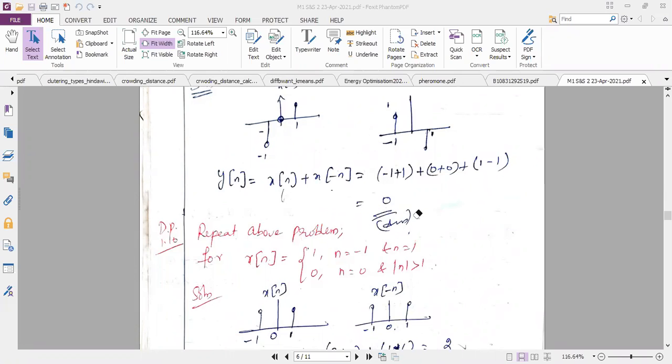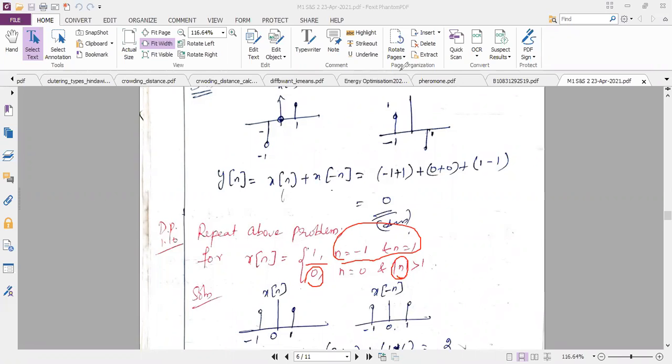You can continue the question. So how is it different? X of n is equal to 1 at n is equal to minus 1 and plus 1. And x of n is equal to 0 at n is equal to 0, and for the remaining magnitudes of n greater than 1, the value is 0. So I hope you have copied the question.